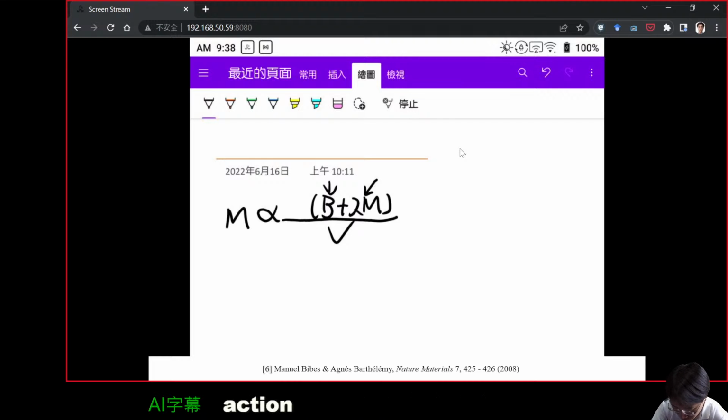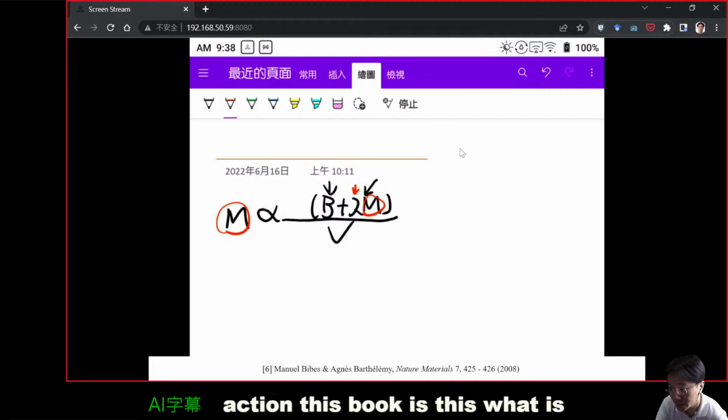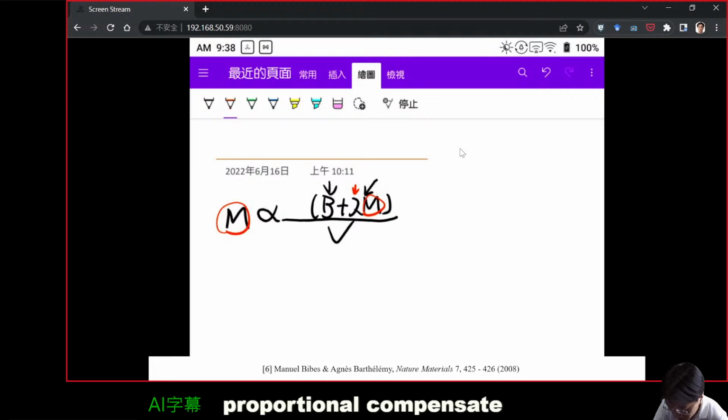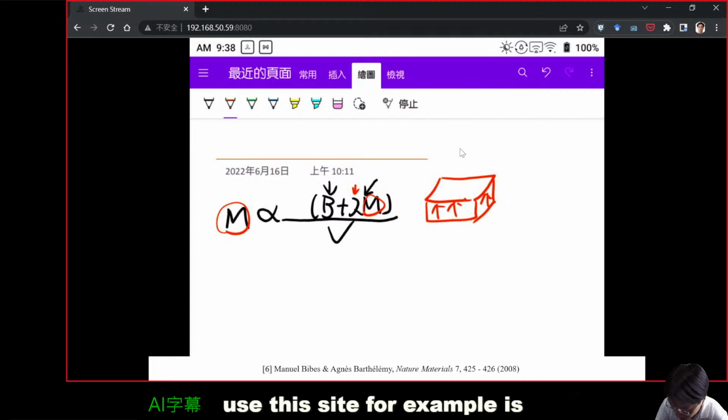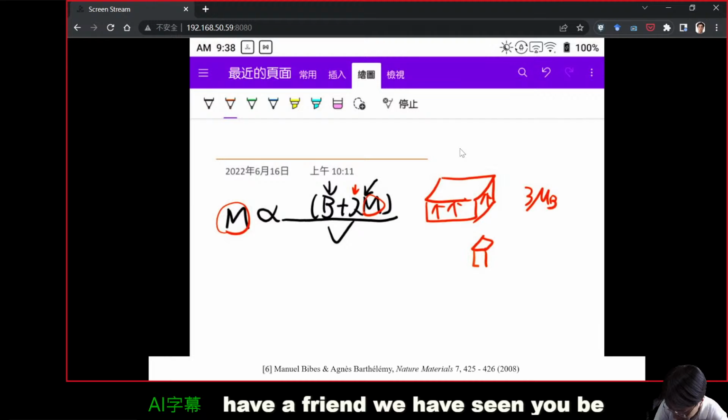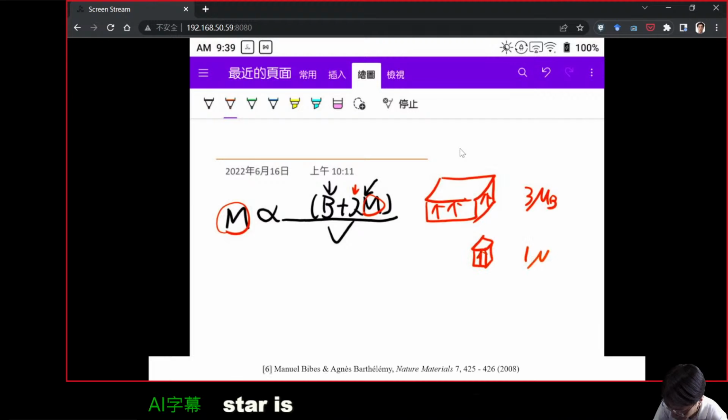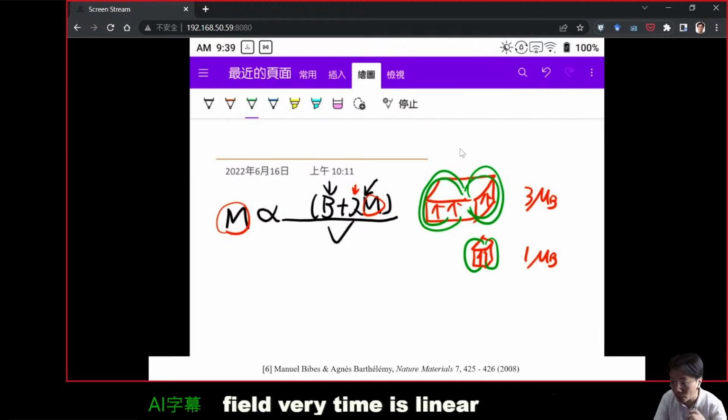This magnetization is the same as this one, but here is a proportional constant. So if you reduce the size, for example, in this ferromagnetic material we have 3 mu B, and when we reduce the size it is only 1 mu B, that means the internal magnetic field will be 3 times less than the original one.